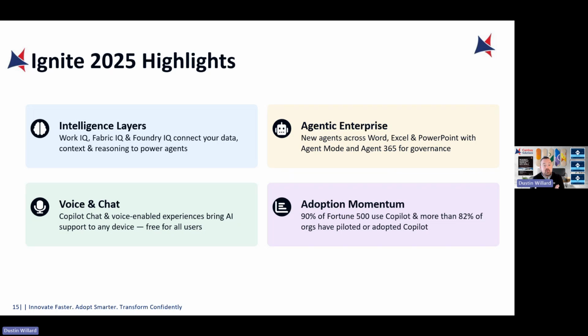And then Foundry IQ is around actual AI, so the AI inside of Azure, so Azure AI Foundry. When it connects to say your Salesforce data or your SAP data or any of those other line of business systems, it basically is pulling that information all together.